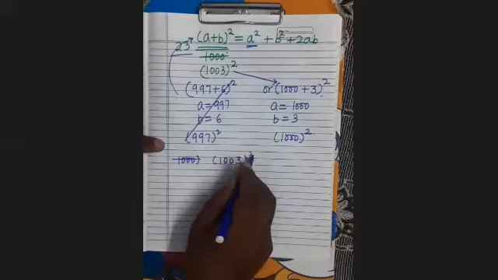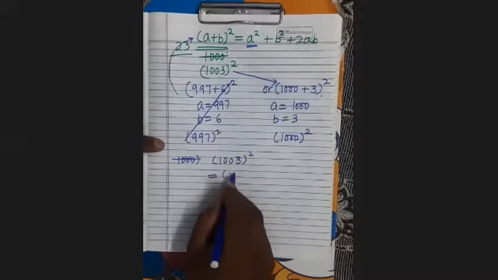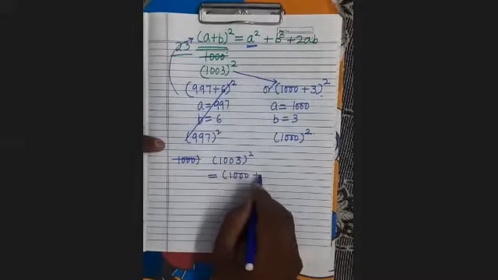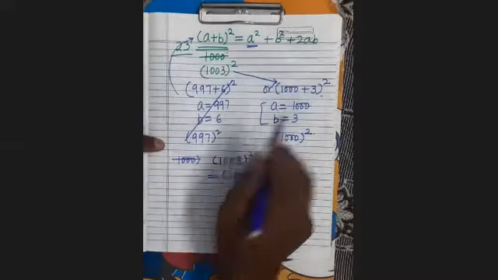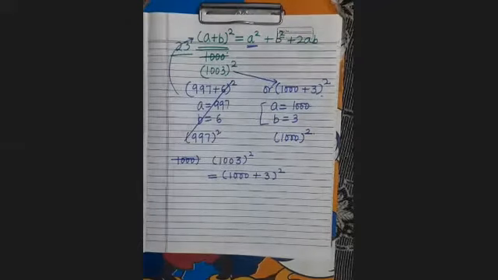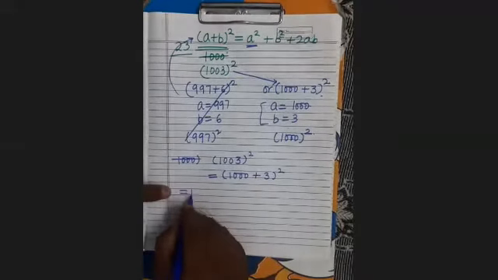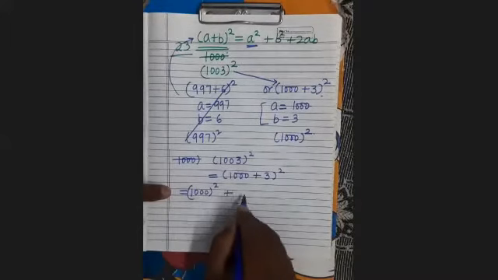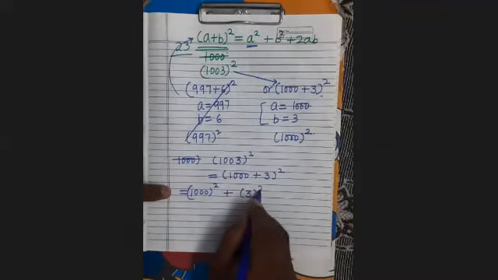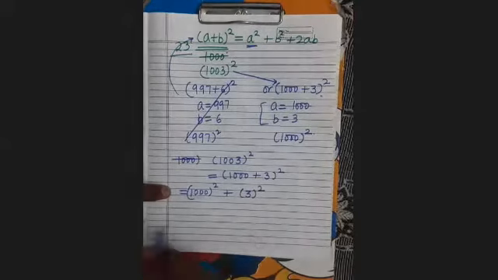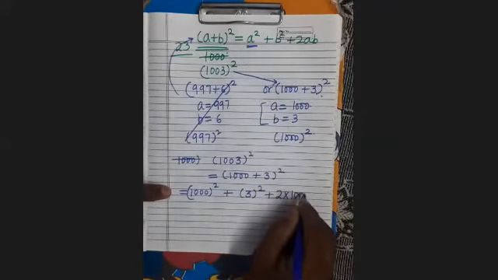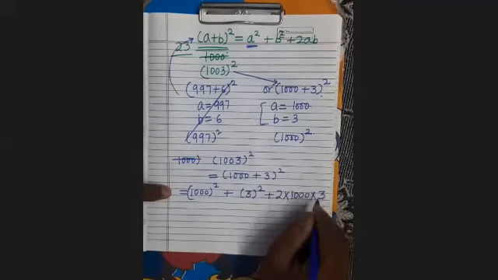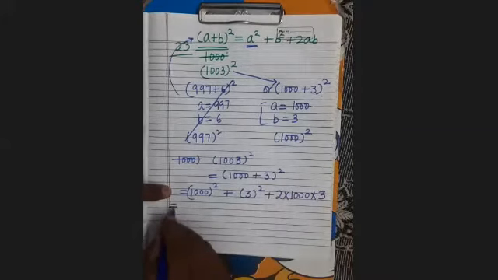1003 whole square, that you can write (1000 plus 3) का whole square. Now we already know A equals 1000, B equals 3. So what is A square? That is 1000 का whole square. B square, that is 3 का whole square, plus 2AB, 2 into 1000 into 3. 1000 का whole square.